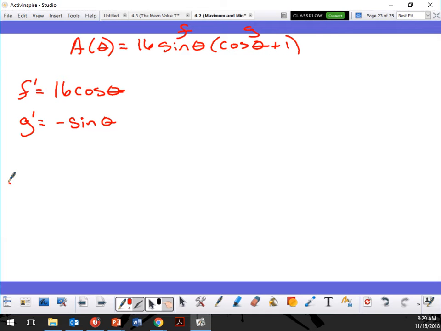Product rule says F prime G plus G prime F. So it's going to be 16 cosine theta times cosine theta plus 1, plus G prime F. I'm going to put the F first though: 16 sine theta times negative sine theta. Hate running out of board.